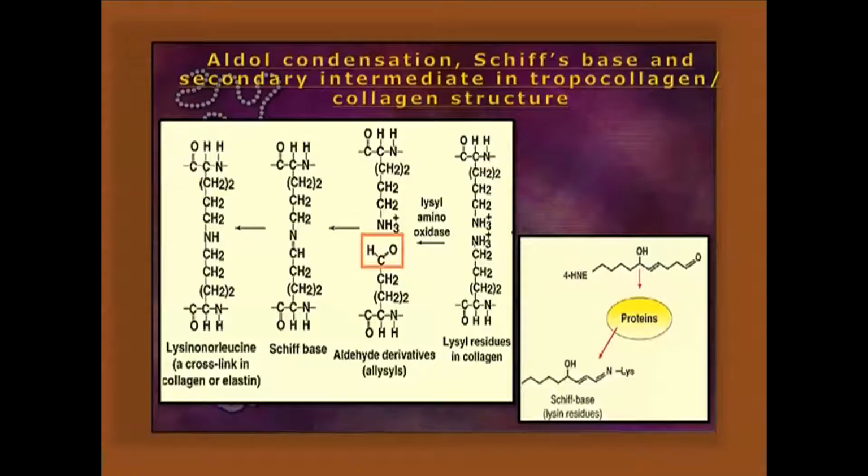We know that lysine is getting converted to allysine by lysyl oxidase. Okay, so all those allysine having C double bond O can be involved to make the aldol crosslinks, to crosslink the tropocollagen chains. So these all are the bonds involved to make the protein structure.